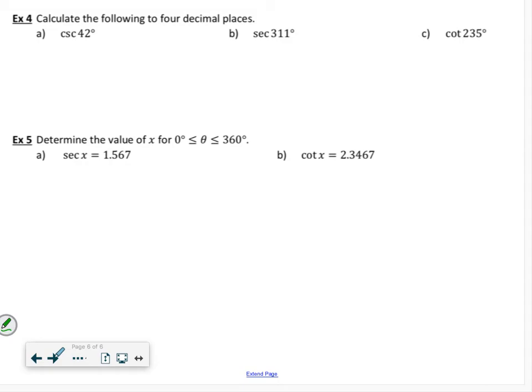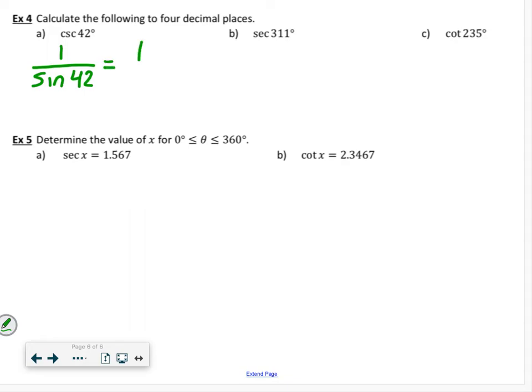I think the easiest way, again, is changing them to the primary trig ratios. So if I was doing this, the first one, I would have 1 over sine 42. Now, if you have an x to the negative 1 button or a 1 over x button on your calculator, it makes this a little bit easier. You can do 42 sine and get 0.6691.